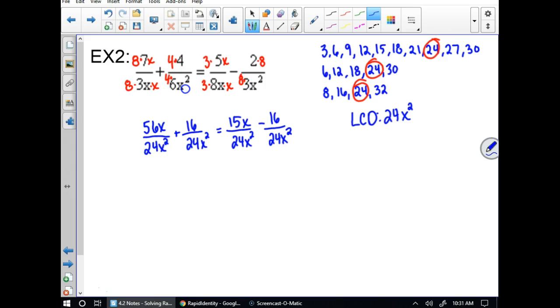If I wanted to, I could do like I did on the last problem. I could write it where both sides are all over 24x squared because they match, and I could multiply by 24x squared to get rid of it. But essentially, once you get all of your denominators to match, it's okay with me if you don't show those steps. So I'm just going to mark out my denominators. That gives me 56x plus 16 equals 15x minus 16.